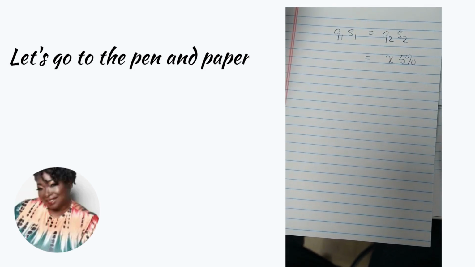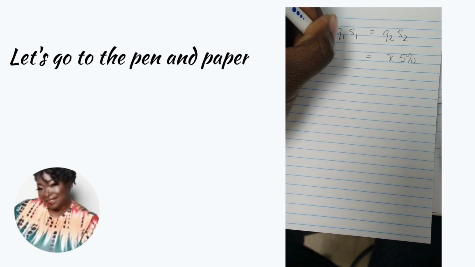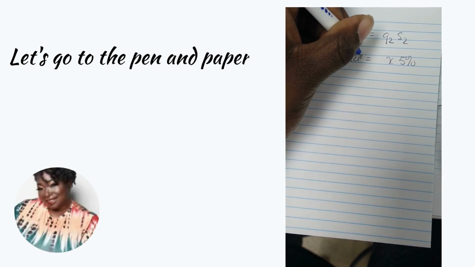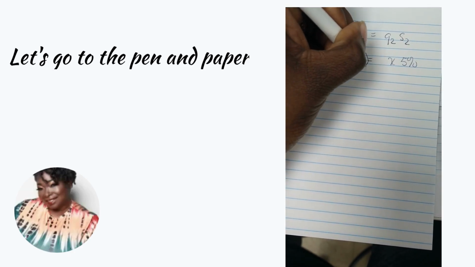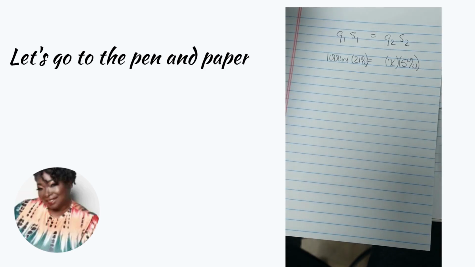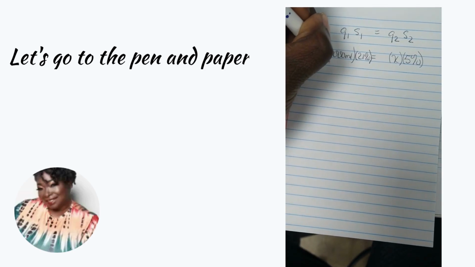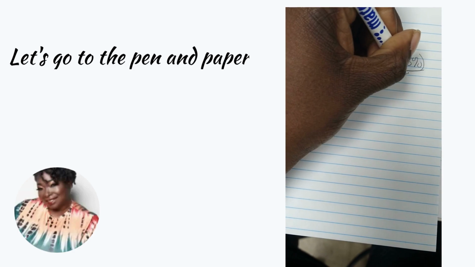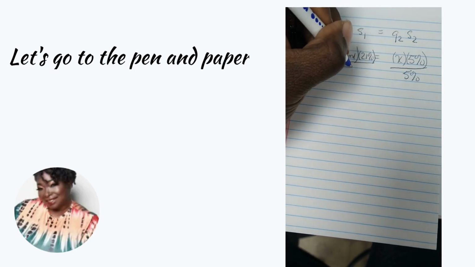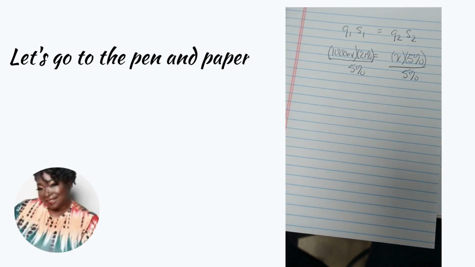All right? There's more. So you have a 5 in the denominator and you have 1,000 in the numerator. Well, 5 goes into 1,000 200 times. So you cancel out the 5, you put a 1 there. You cancel out the 1,000, you put a 200 there.